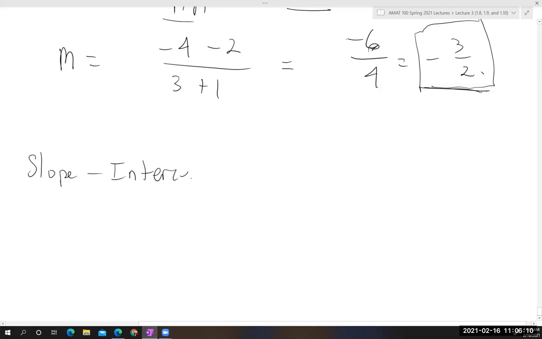So this is the slope intercept form. Maybe you're not given the slope and a point, but you're given a slope and intercept. This is actually just a special case because the intercept is a particular type of point. So this is the slope intercept form of the equation of a line.